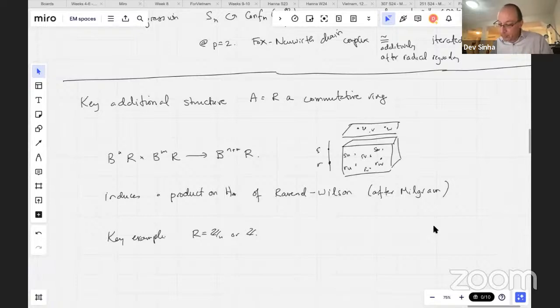So there's a class B in H1 of BR, again maybe with R coefficients if you want, where now my generator, instead of just calling it A or G, I'll call it 1, sort of takes a trip along the interval, okay? And then the claim is that circ with B is an example of what is often called the suspension operator.